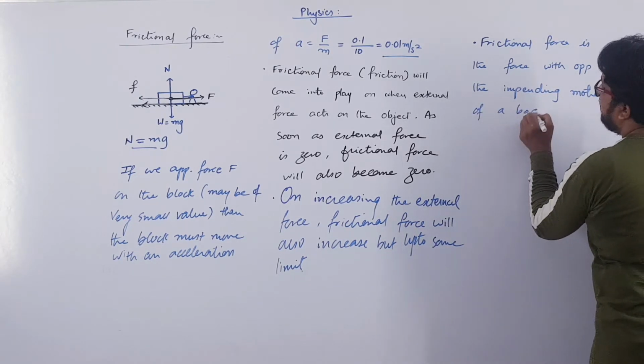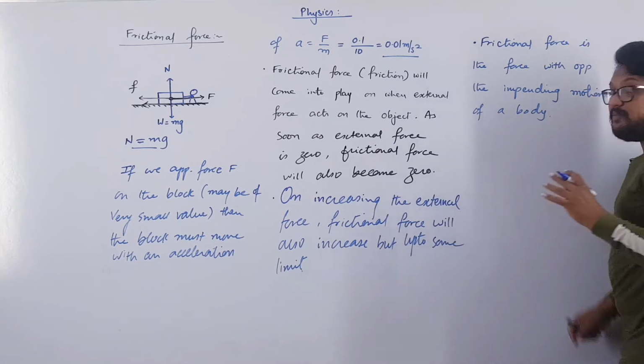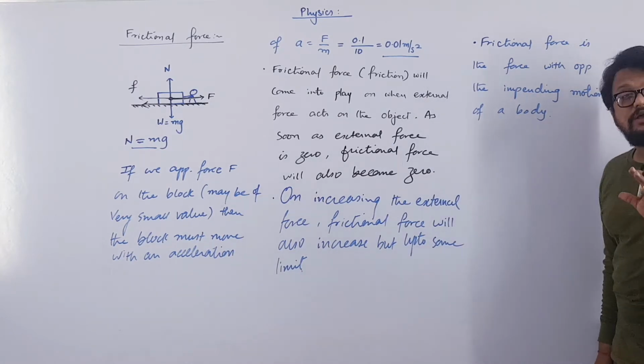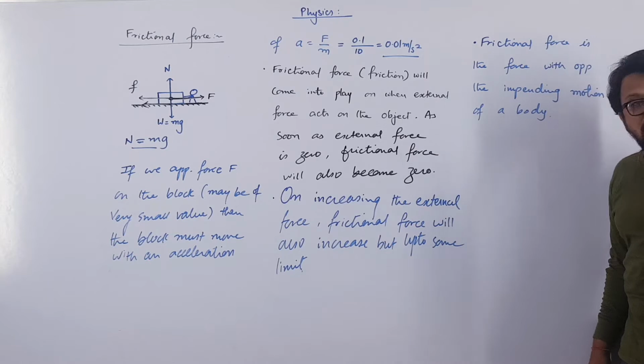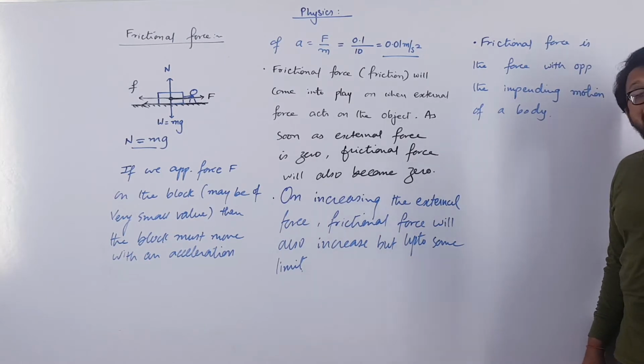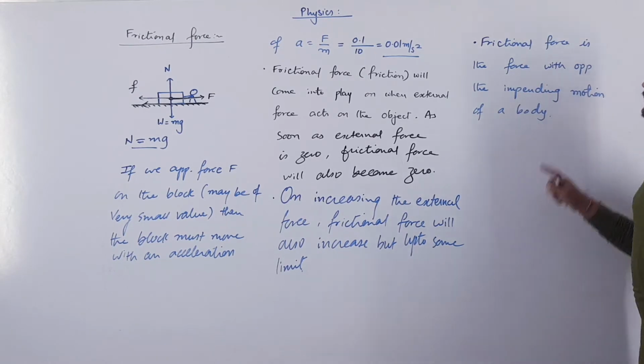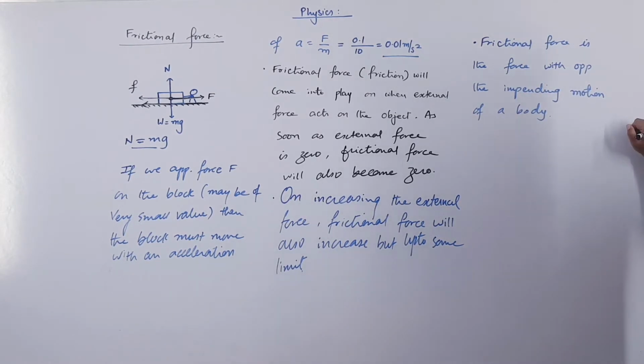What do you mean by impending motion? Impending motion means the motion of a body which would have occurred if frictional force was zero. If frictional force was supposed to be zero, then the motion of the body would have occurred. That motion is known as impending motion. So frictional force opposes the impending motion of the body, right?